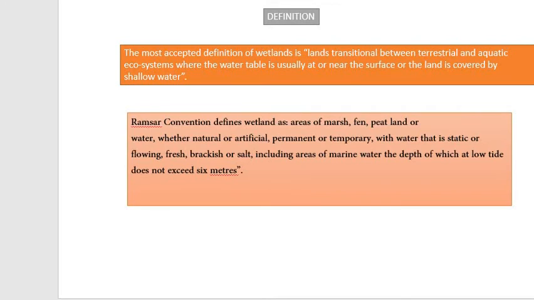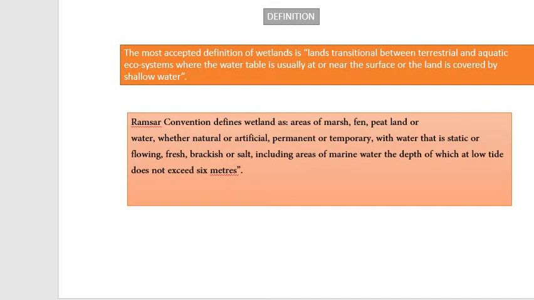So, here are some definitions of wetlands. The most accepted definition of wetland is transitional land between terrestrial and aquatic ecosystems where the water table is usually at or near the surface or the land is covered by shallow water.